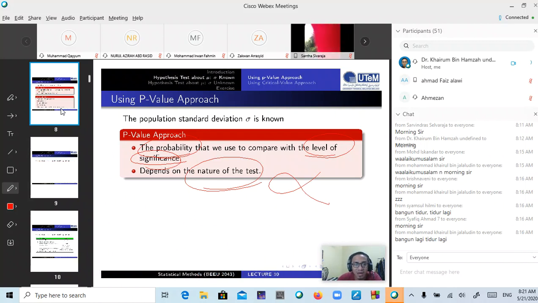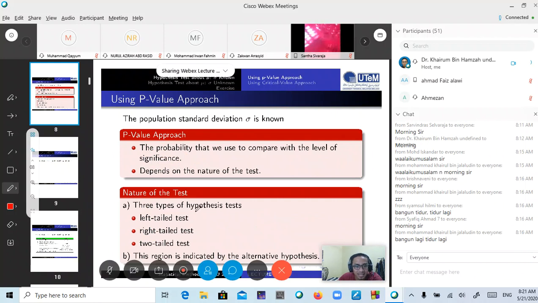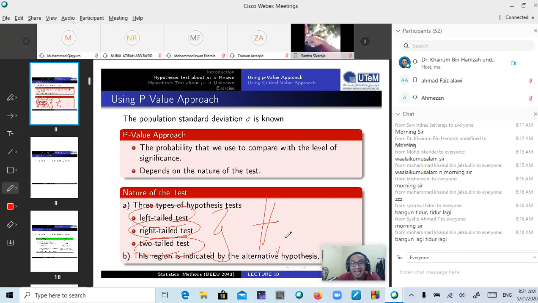For the nature of the test, we have three: left tail test, right tail test, and two tail test. All these natures or tails must refer to H1. You must look at H1. If your H1 is less than, remember H1 can never have an equal sign at all. Only H0 can have an equal sign.